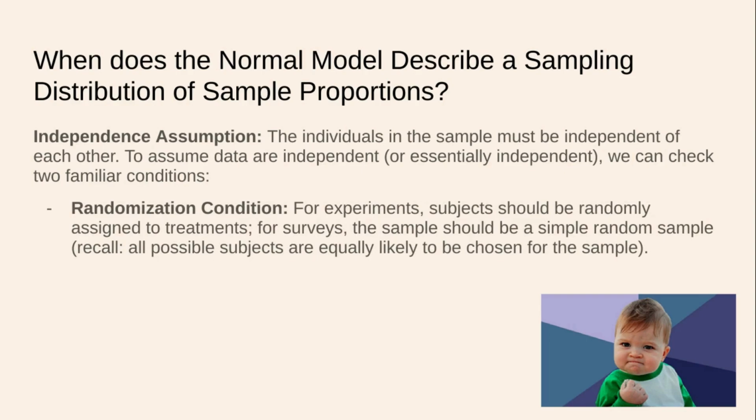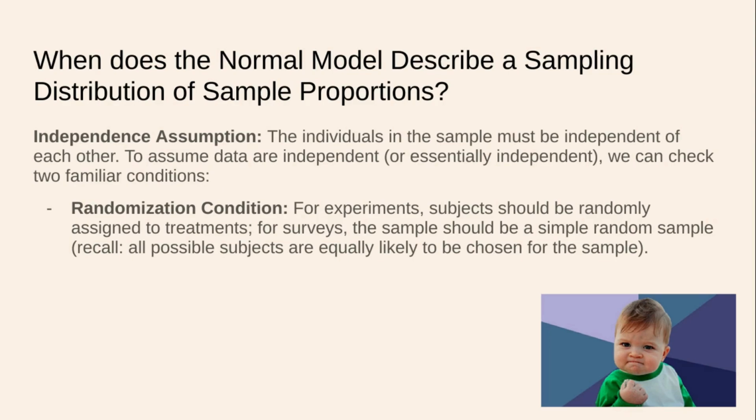Randomization is your friend in statistics, and that never goes away. For experiments, subjects should be randomly assigned to treatments, and for surveys, the sample should be a simple random sample, or if you have a really good reason, one of the other types of sampling: stratified sampling, cluster sampling, systematic sampling, just not convenient sampling or any of those bad forms of sampling.